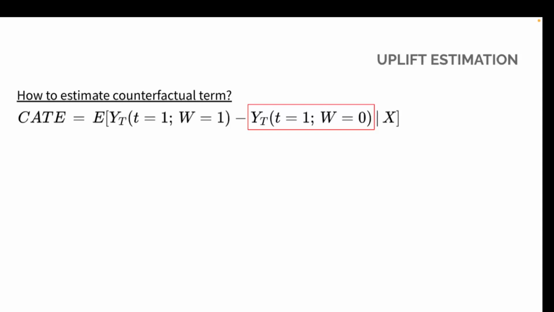The problem is with the second term, which is counterfactual and not observed, because it asks what would have happened had I not applied the intervention, which we don't know. Obviously it's not observable, and one has to make approximations. There is no other way. You have to make an approximation in order to estimate that second term, and the rest of the slides are basically about the techniques for approximating it properly.